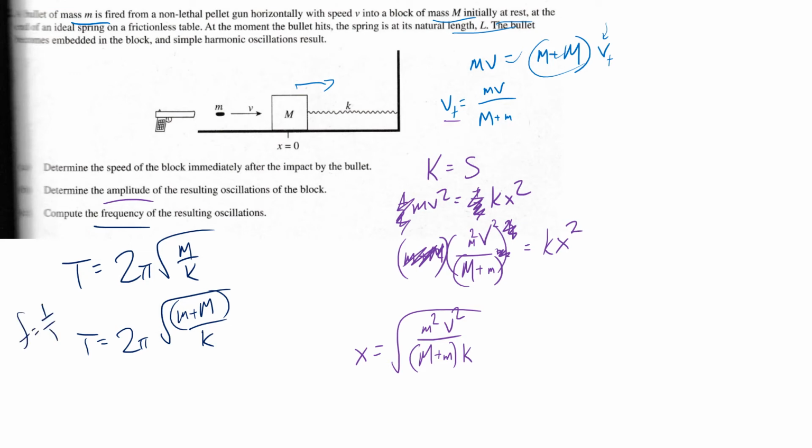So all you're going to do is reciprocal this whole enchilada here. So your frequency is going to equal 1 over 2 pi square root of m plus big M over k. Now you could just reciprocal 2 pi and then flip-flop the fraction under the square root. Yeah, there's a formula for that too, but why bother?